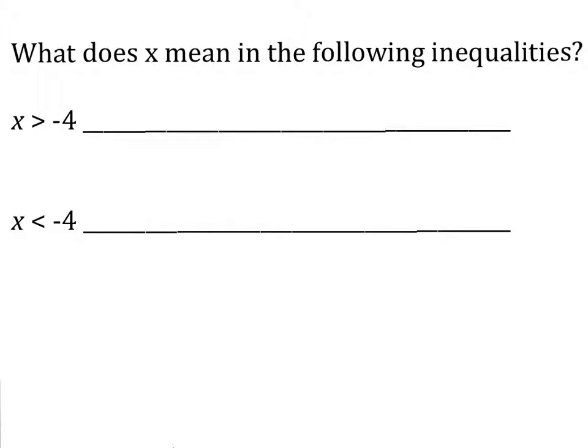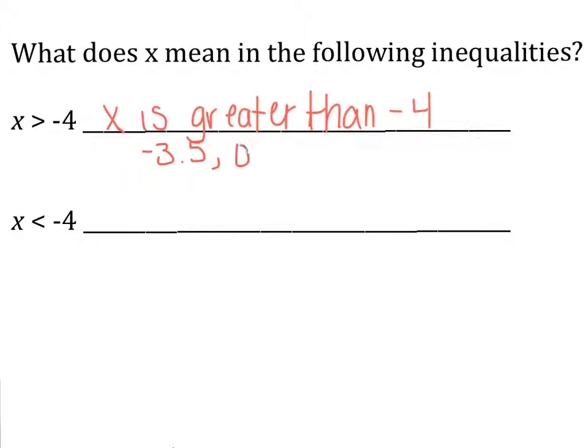Okay, so just a couple examples of our inequalities. We're going to write out what this one means. We have x is greater than -4. A couple examples of numbers that are greater than -4. Think of that number line. -3.5 maybe, 0, you could pick 10.